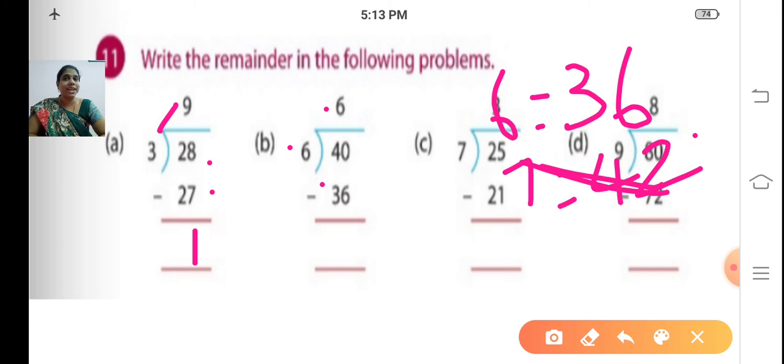Now we subtract these two numbers: 40 minus 36. 0 minus 6 is not possible, so 10 minus 6 is 4. What is the remainder here? Yes, 4 is the remainder.